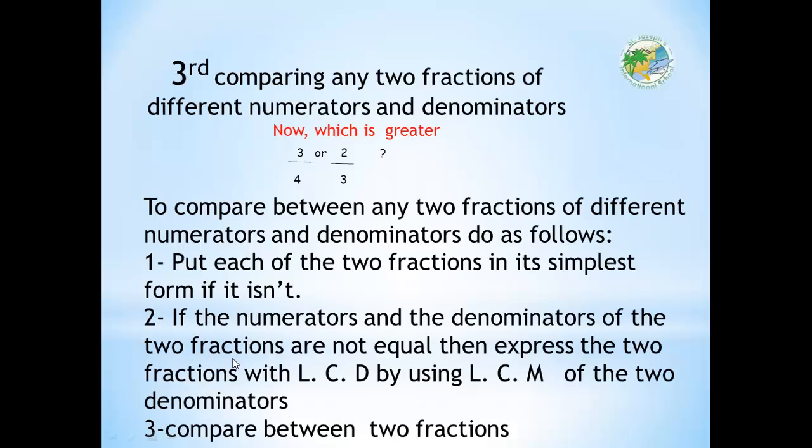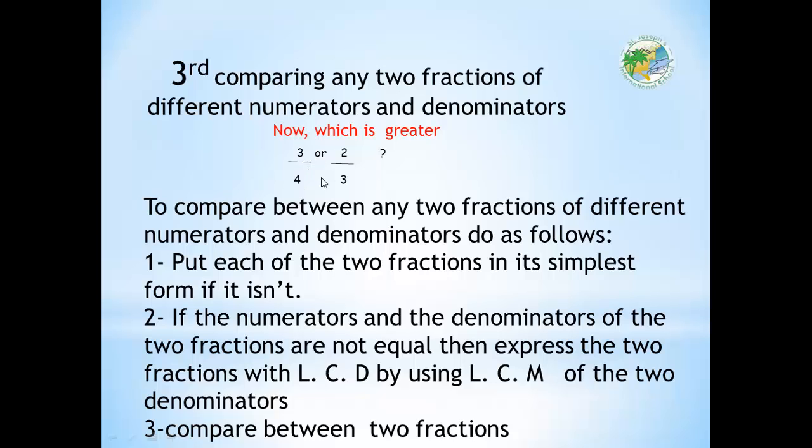The first, if the numerators and denominators of the two fractions are not equal, then express the two fractions with the LCD by using the LCM of the two denominators. Then compare between the two fractions. So we must find the LCM of the different denominators.